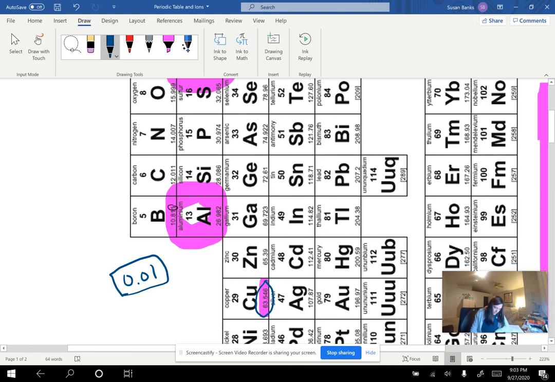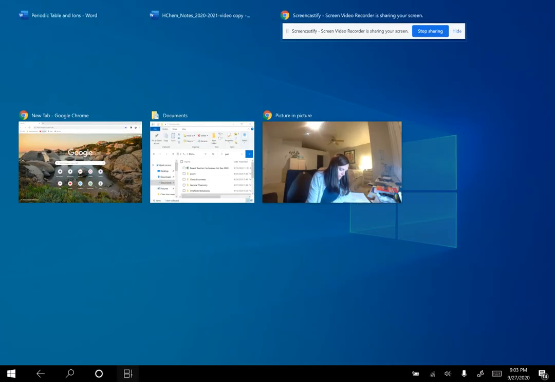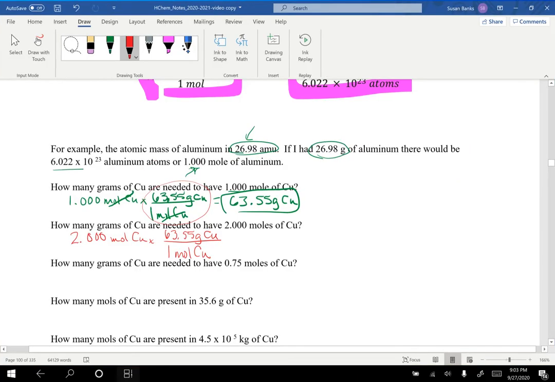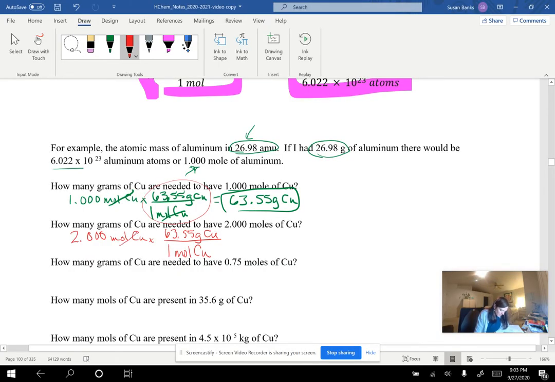Remember, we're rounding at the hundredth. My moles of copper cancel. 2 times 63.55. Remember, we have 4 sig figs. We will get 127.1 grams of copper.